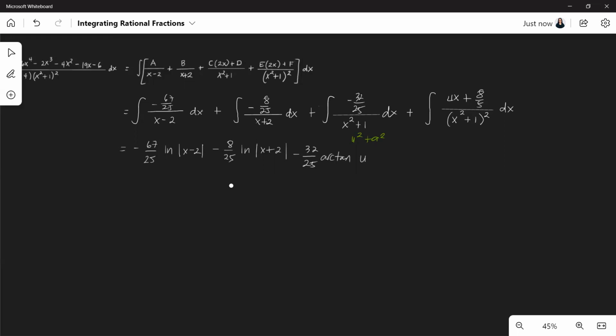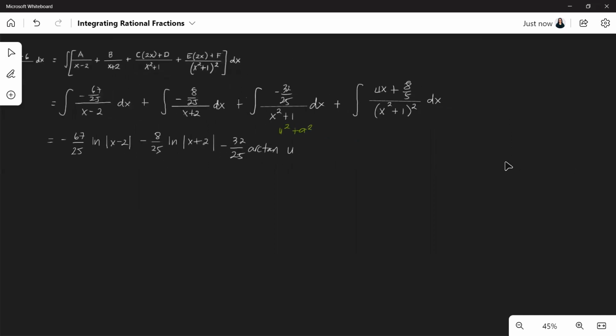And for the next term, we have 4x plus 8 over 5, and we have the square of a sum of two squares. So we can separate it into two parts.